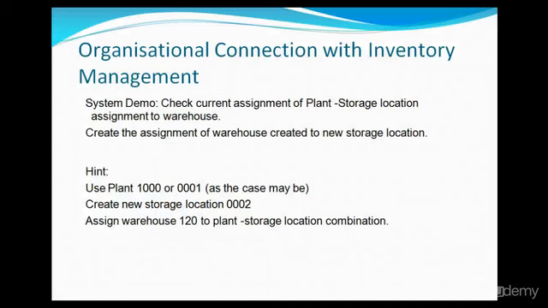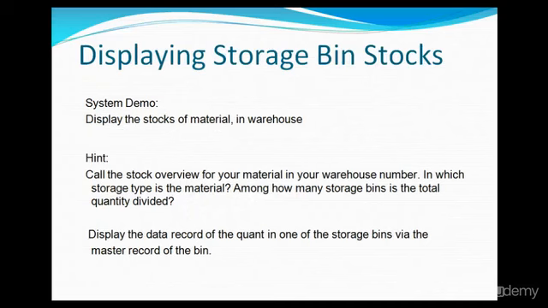After we are done with this assignment, we are left with one small topic, that is displaying storage bin stocks. Now, as we have a transaction MMBE in materials management or inventory management, we have a similar transaction called LS26, with which we display the storage bin stocks.